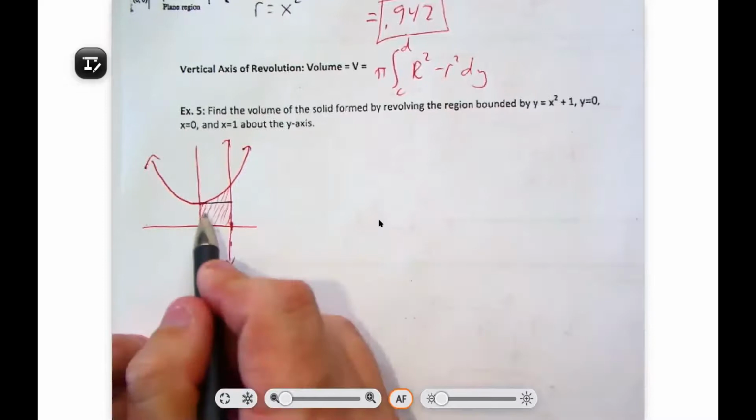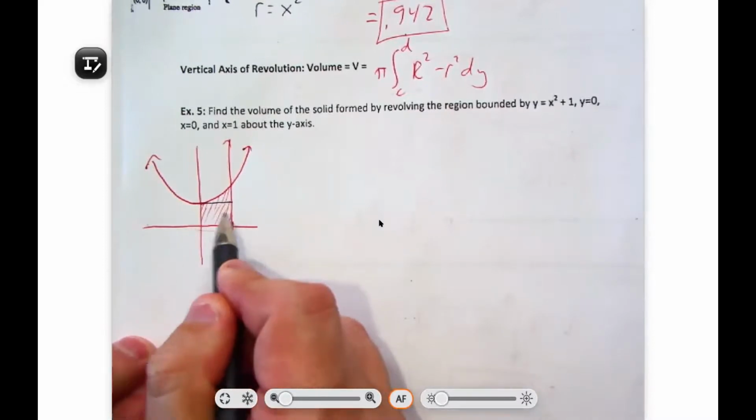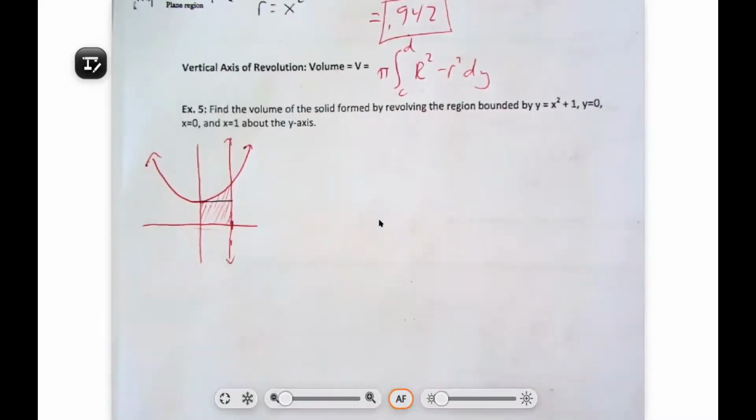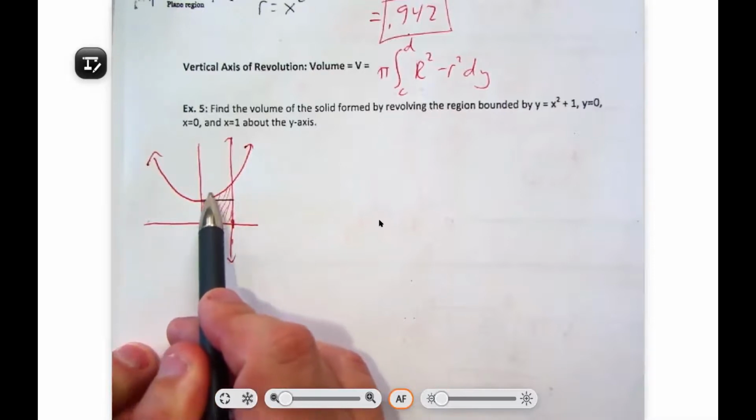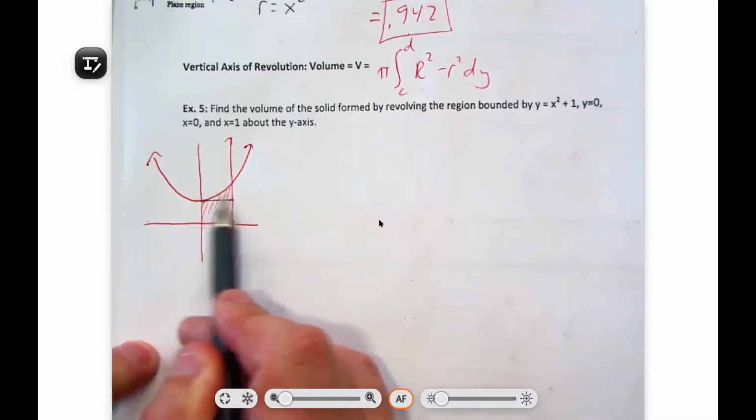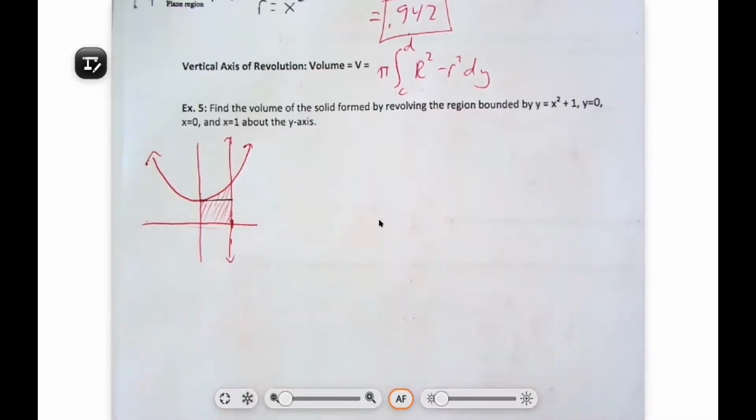Meaning, as I'm spinning this, this is a disk problem. There's no gap. But above that black line, this part here, notice between the y-axis and that region there's space. There's a gap. So I have to do a washer. So on this problem I have to set up 2 definite integrals and add them together. It's like you have 2 different things to do in this problem.